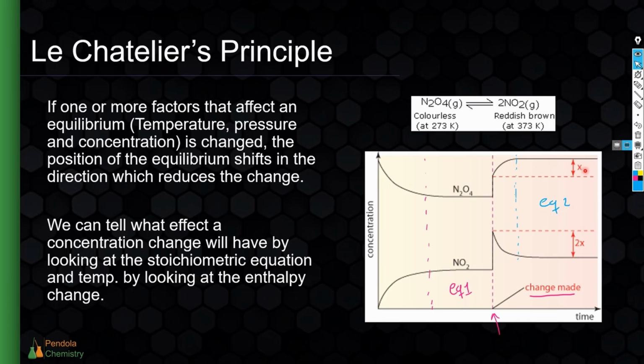N2O4 concentration changes by X, while NO2 concentration changes by twice that amount from those changed concentrations. That's because of the ratio, right? Anytime we break down 1 N2O4, we make 2 NO2s. In order to make 1 N2O4, we need to use up 2 NO2s. So they're always going to change by a 1-to-2 ratio.